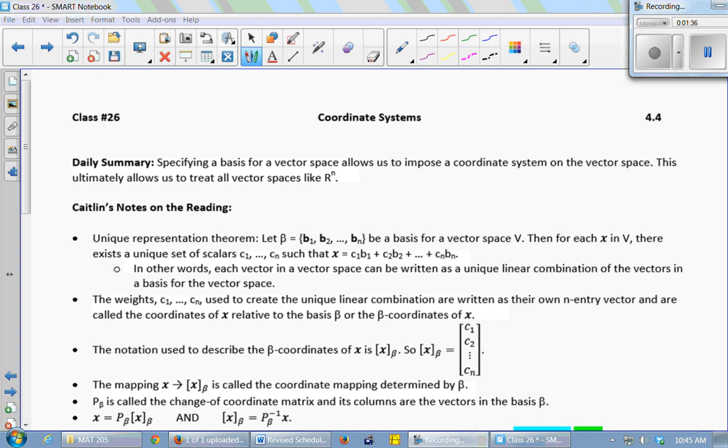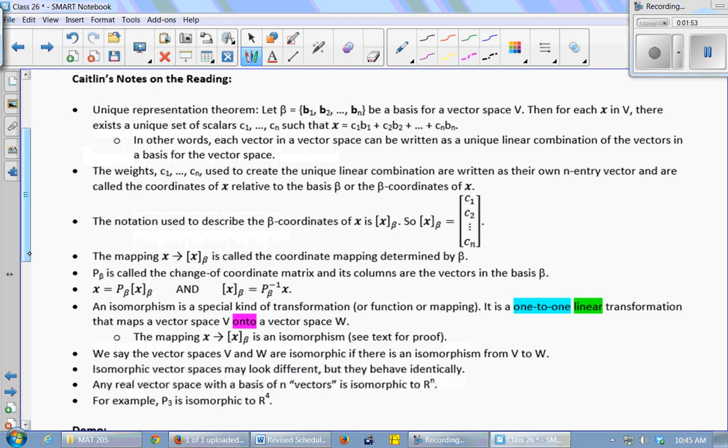Whenever I ask you a question about, say, P2, the set of all polynomials of degree less than or equal to 2, now you can say that is just equivalent to R3, and you don't even have to think about P2. We'll talk about why they're equivalent in a minute.